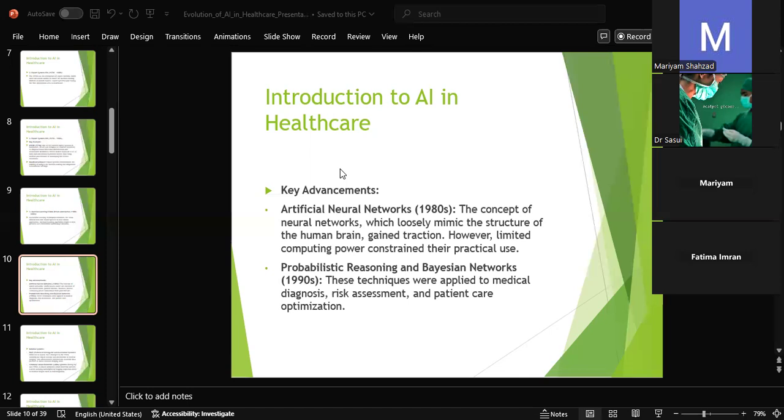For example, we have a problem and we are unsure about how it's going to end, which way we are going to go. This is uncertainty in terms of probabilistic reasoning.